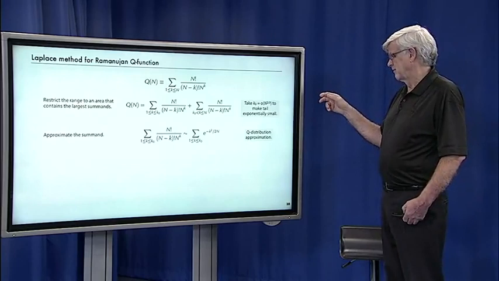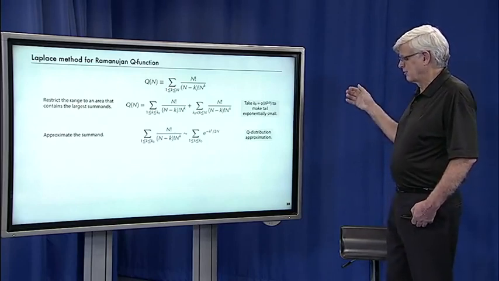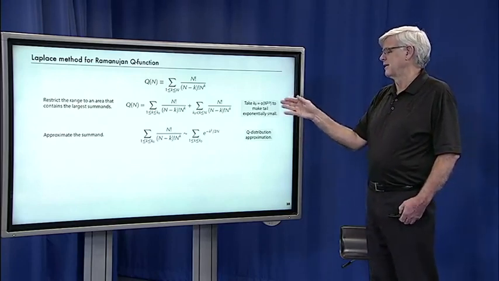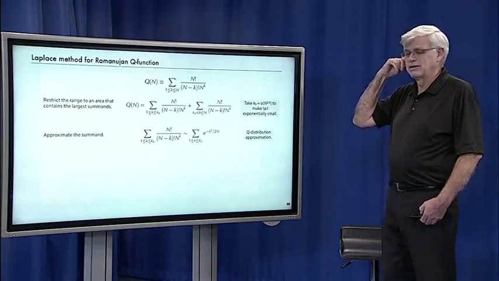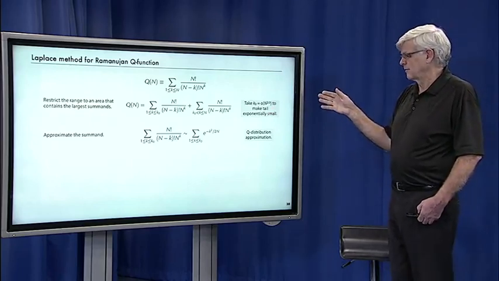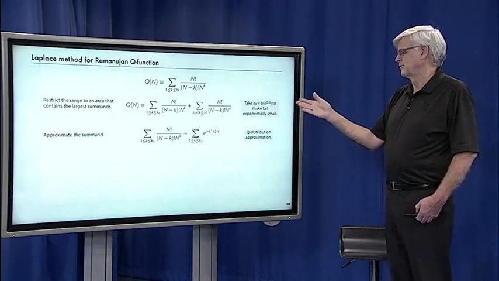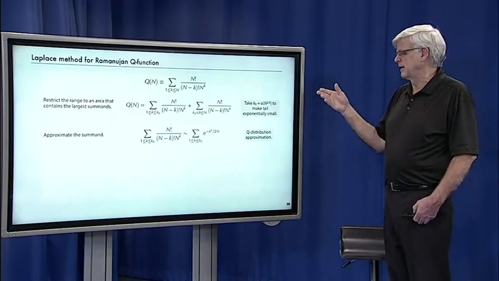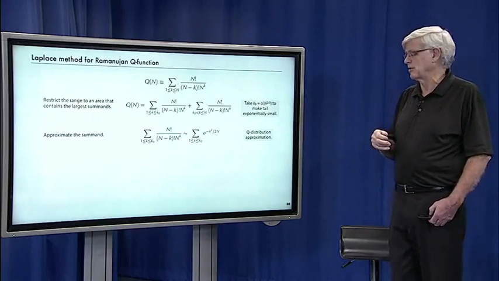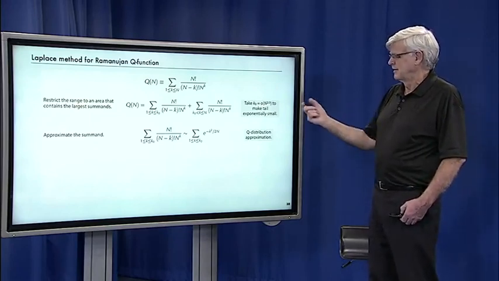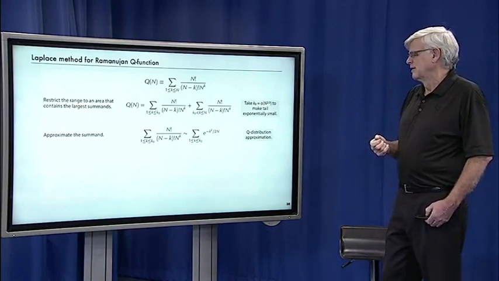The tail's exponentially small, and not only that, we have a good approximation of the summand for k less than k0. For all of those values, it's not far from e to the minus k squared over 2n. That's the approximation that we just developed. It's very close to that, actually.